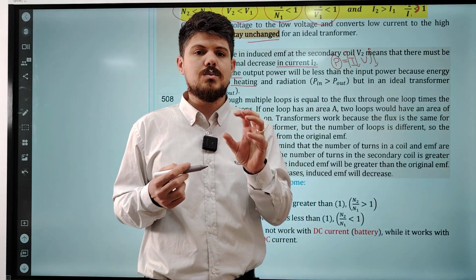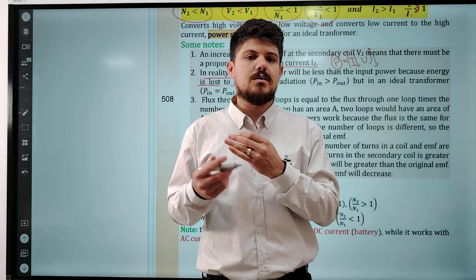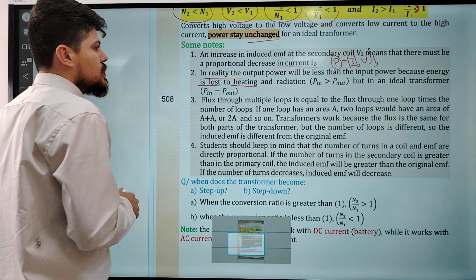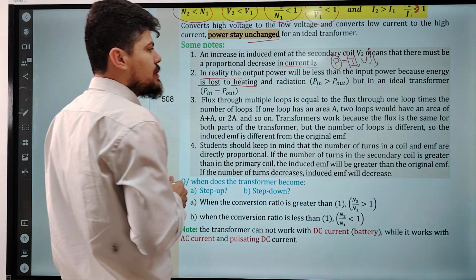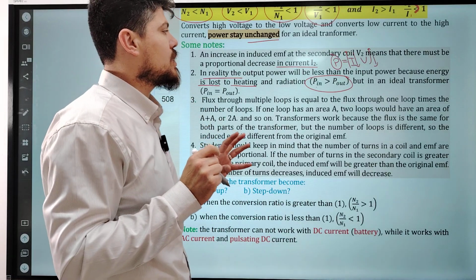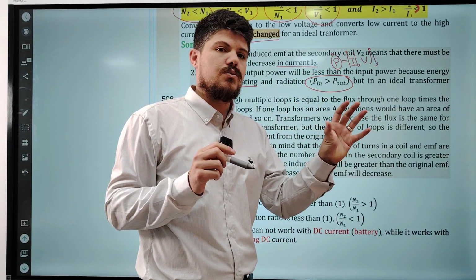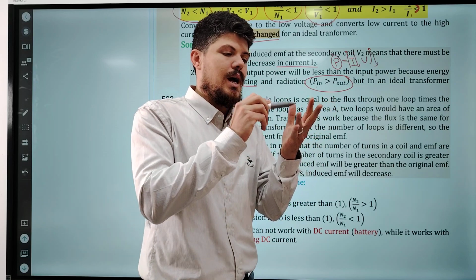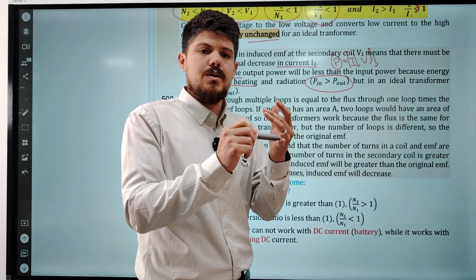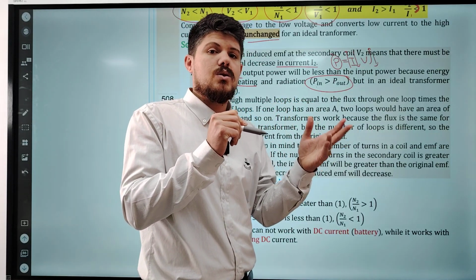Why? Because power is dissipated in the primary coil and the secondary coil. So P input is bigger than P output, because some of the electrical energy is converted to heat in the primary coil and some in the secondary coil.